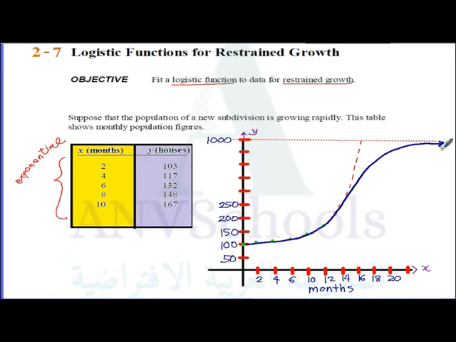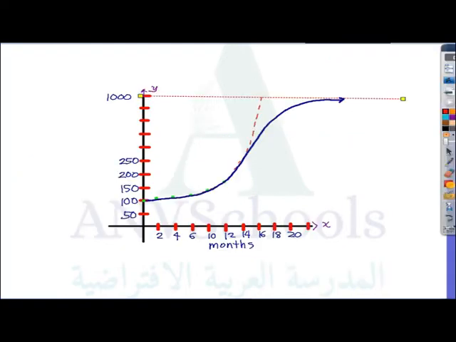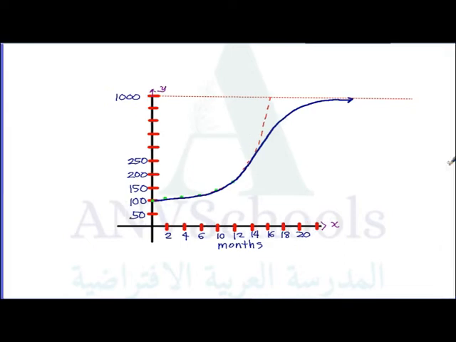So let us go to the elements and characteristics of the logistic function. A logistic function consists of, first, the point of inflection. The point of inflection normally behaves in the middle of the graph. So our point of inflection is somewhere here.